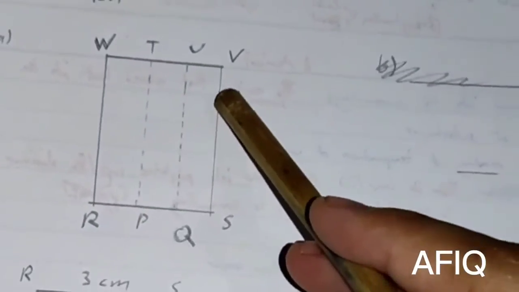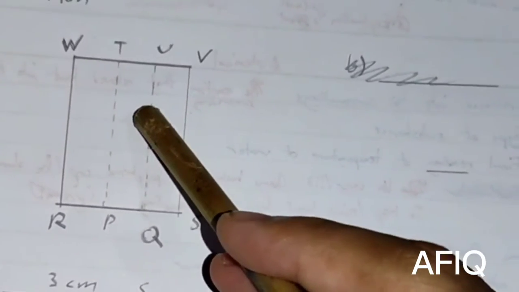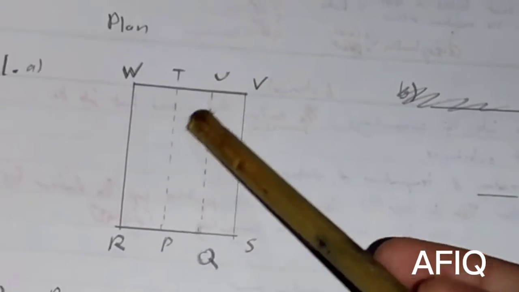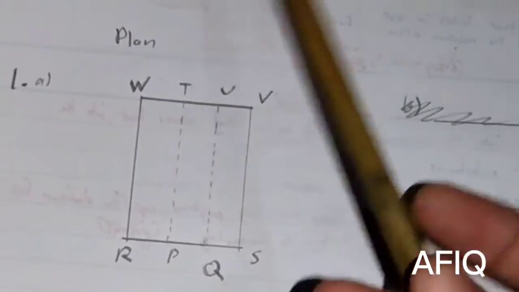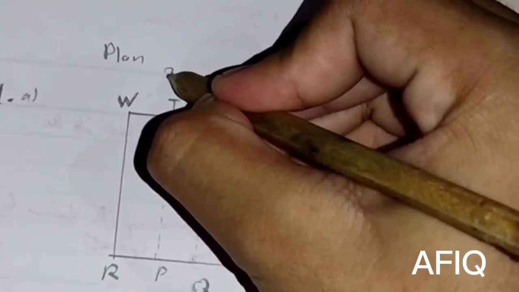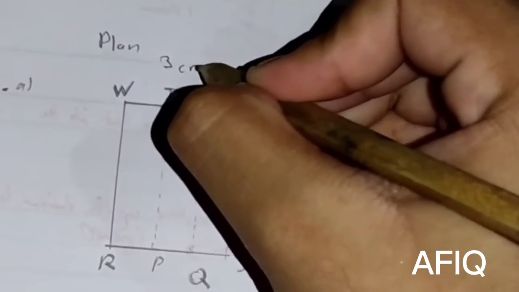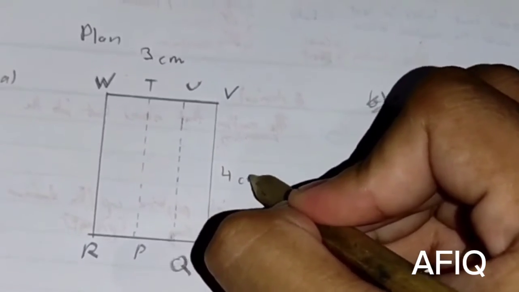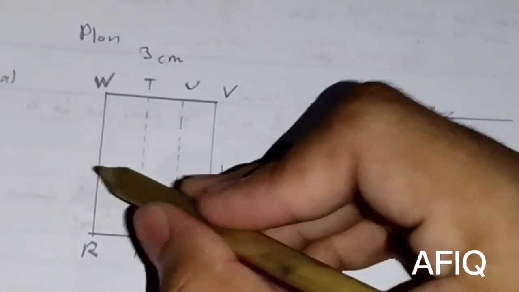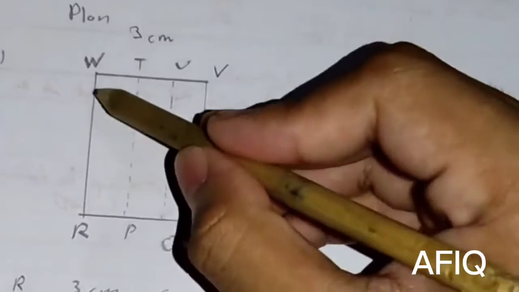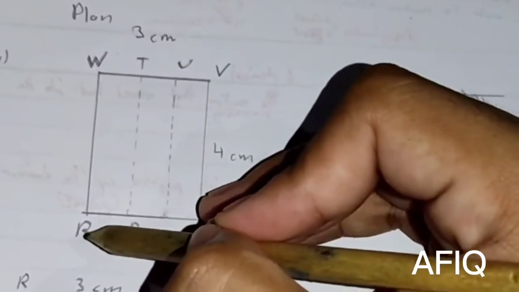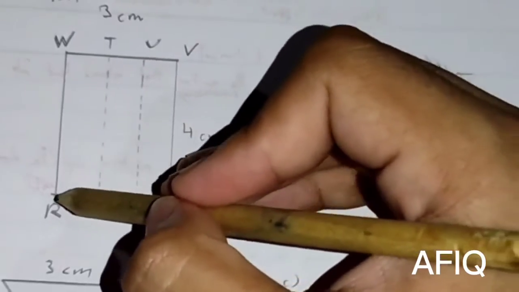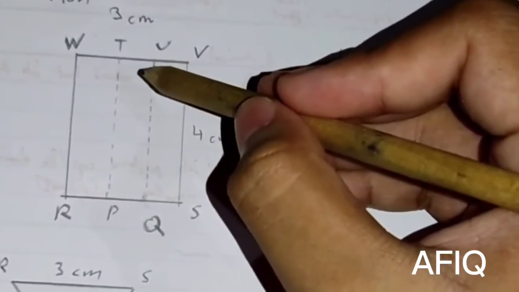But you need to put a measurement in it. This is 3 centimeter, and this side is 4 centimeter. If VS is 4, then WR should be 4. If WV is 3 centimeter, then RS should be 3.